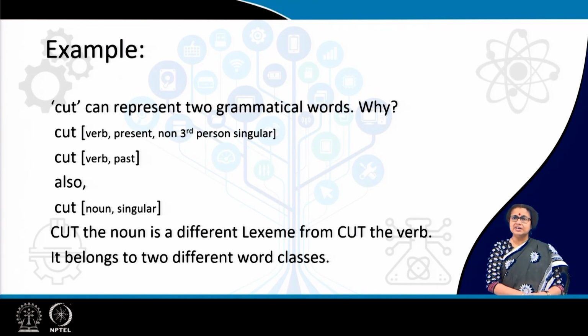Again cut can be noun singular. So, the first two are basically from the verbal lexeme, and the third one belongs to a nominal lexeme. We already discussed these examples in the last class. So, we can say that cut the noun is a different lexeme from cut the verb. It belongs to two different word classes. Here we are talking about the idea of grammatical categories.